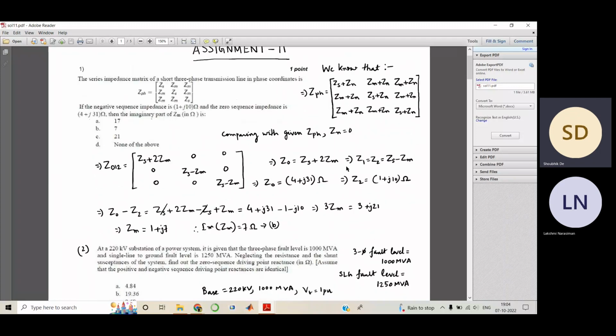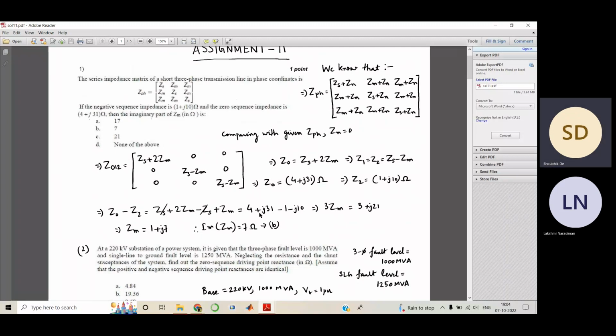So this is very easy provided you know this formula. Your Z2 is this one and your Z0 is this one, and you know the relation between ZS and Zm. Z0 is ZS plus 2Zm and Z2 is ZS minus Zm. So I basically did Z0 minus Z2.